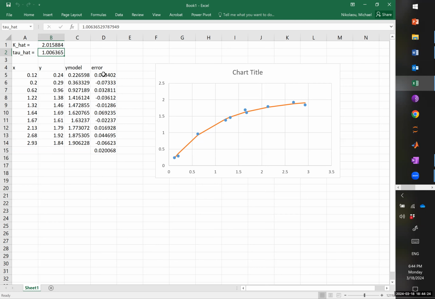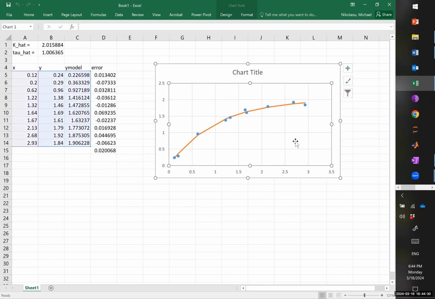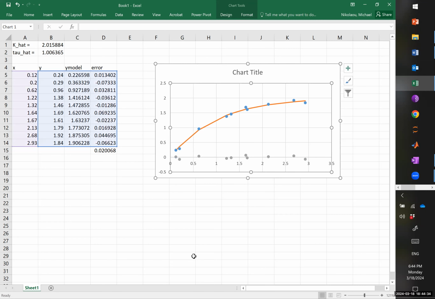One check is to look at the errors, the residual errors, or sometimes just the residuals. So here, let me extend that. These are the errors here. Do they appear to be randomly scattered above and below 0? I don't see much of a pattern, right? Ideally, it would be better to have a separate plot.